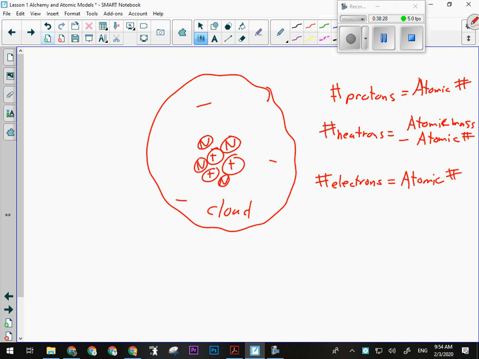And the number of electrons also equals the atomic number. By the way, that's the number of electrons, not the hashtag of electrons. That symbol also means number.